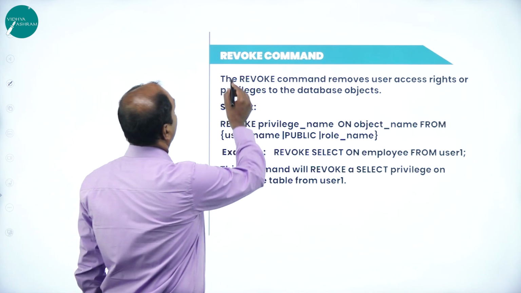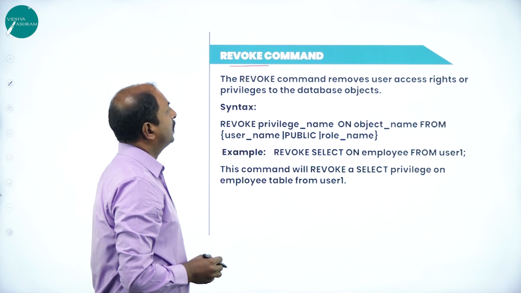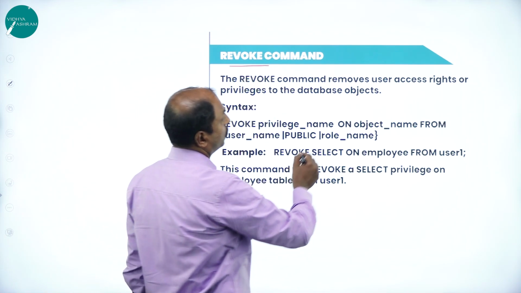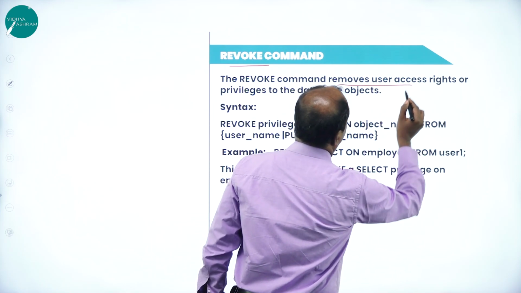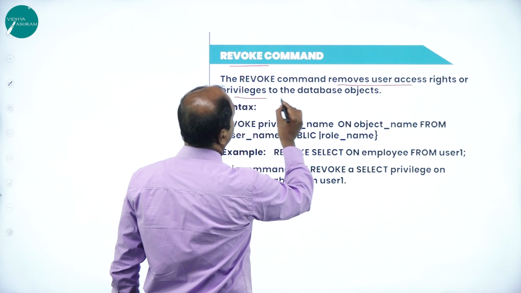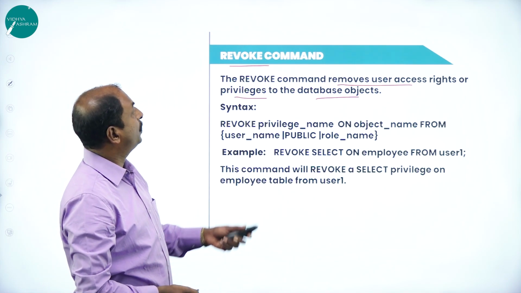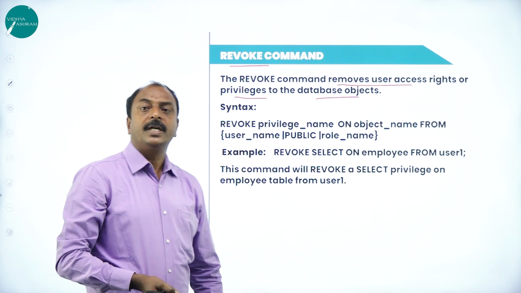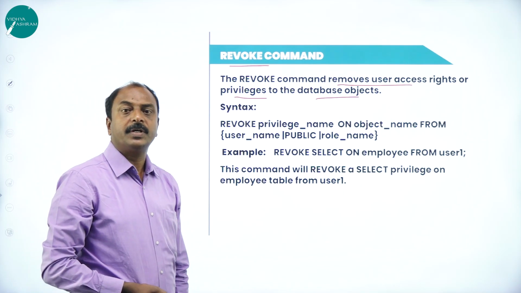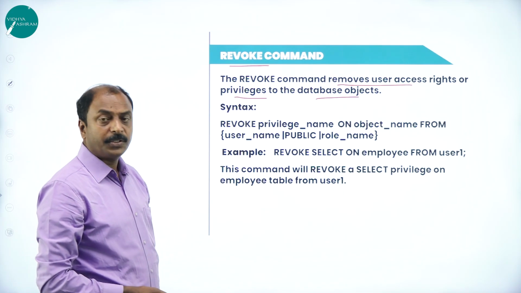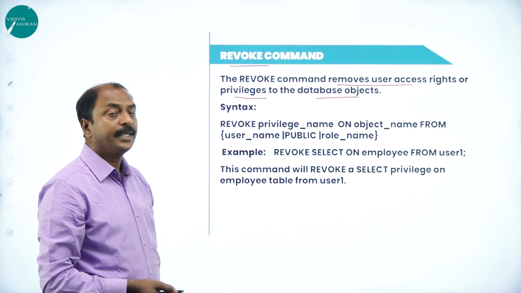Next one is the revoke command. The revoke command is used to remove the user access rights or privileges to the database objects that have been given. It is going to take out all the privileges given to the user on different database objects like tables.